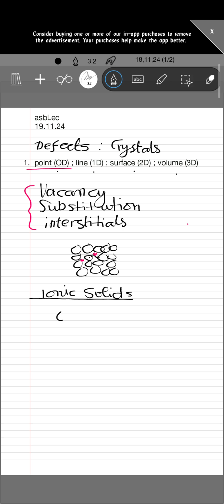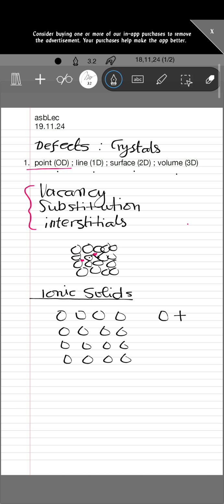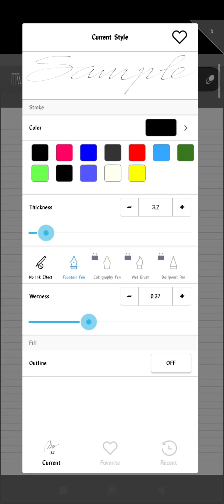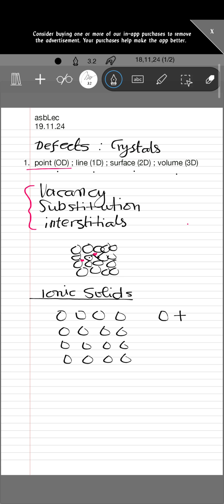Say these are, for example, the cations. These are cations, positive ions, and there are also negative ions.